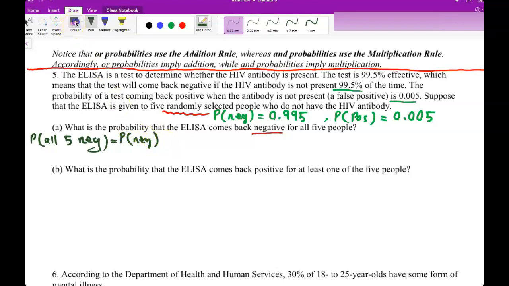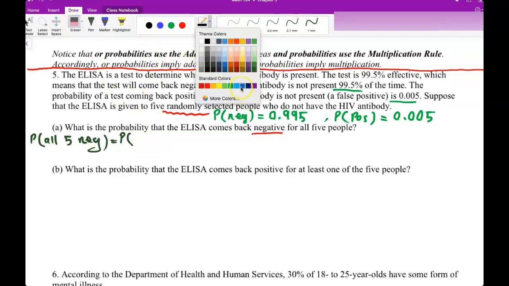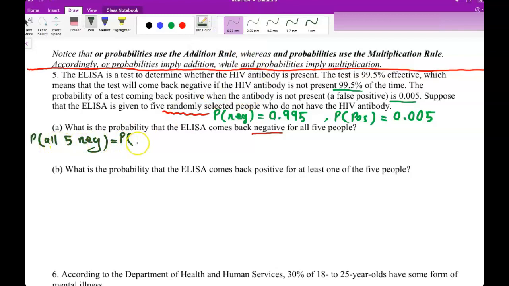Let's write that this way so you can see what I'm doing here. What that means, we have probability of negative and negative. So we have 1, 2, 3, 4, 5. Since we have and in between, we should multiply.